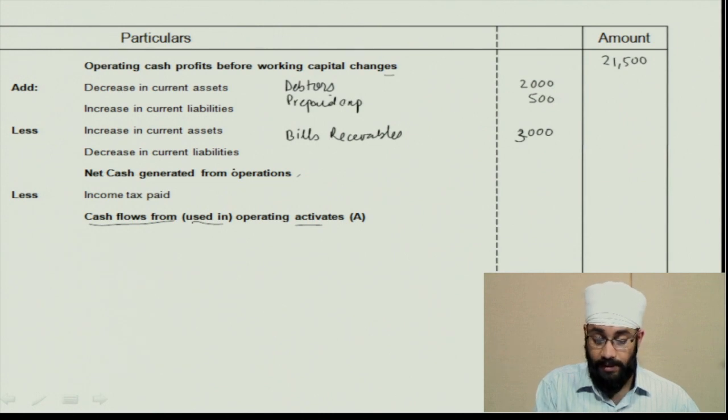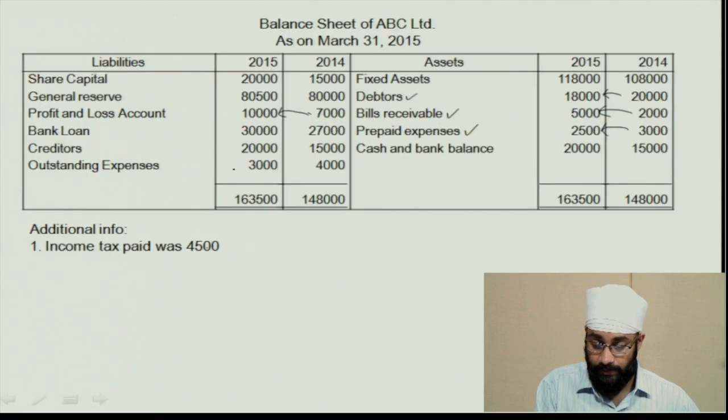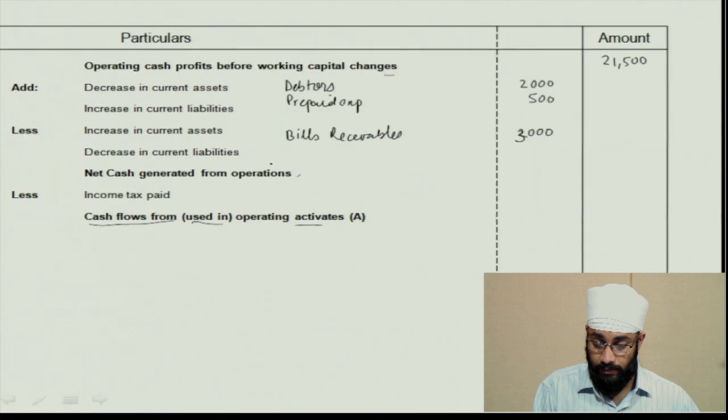And now let's look at the current liabilities. We have creditors and outstanding expenses. Creditors increase by 5,000 and outstanding expenses go down by 1,000. So increase in current liabilities.